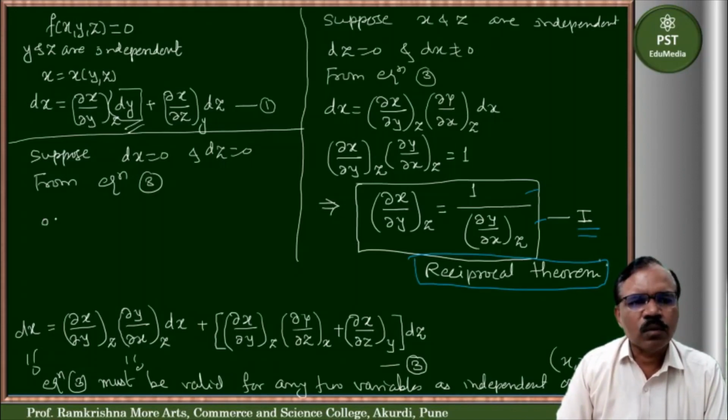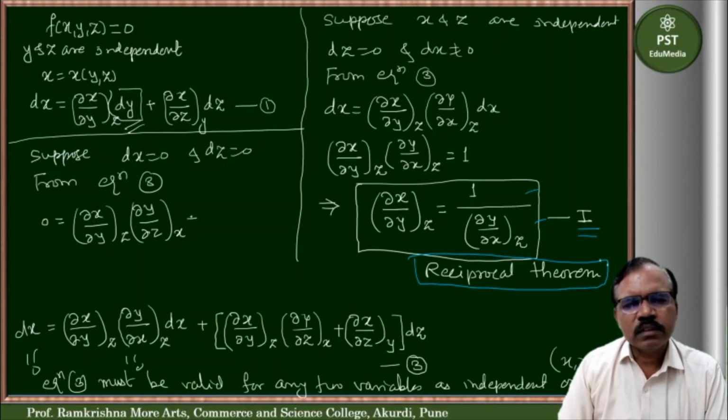0 is equal to ∂x/∂y at constant z into ∂y/∂z at constant x plus ∂x/∂z at constant y.